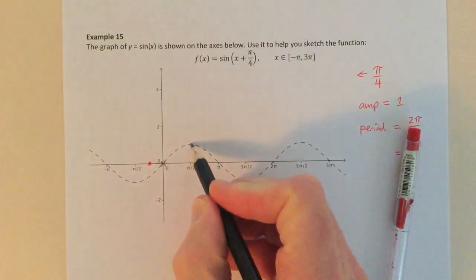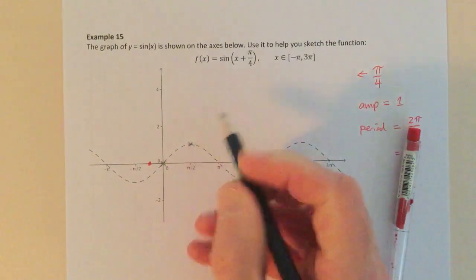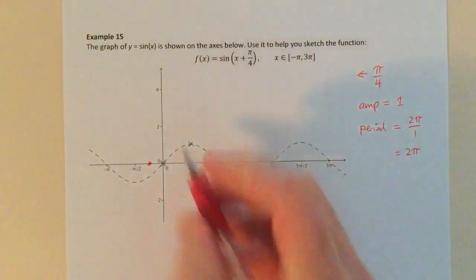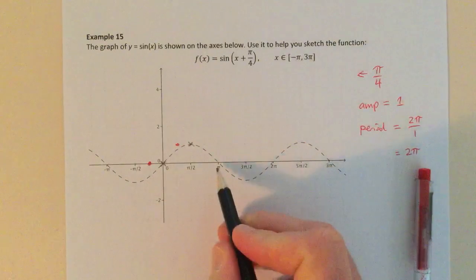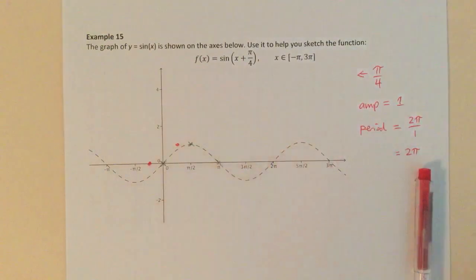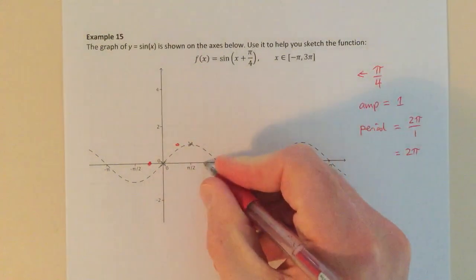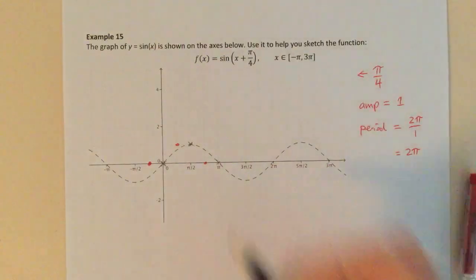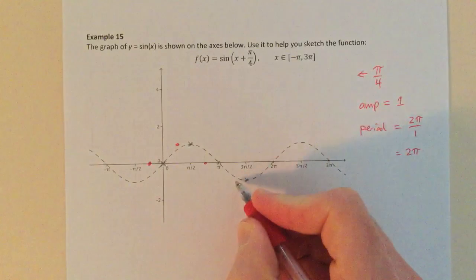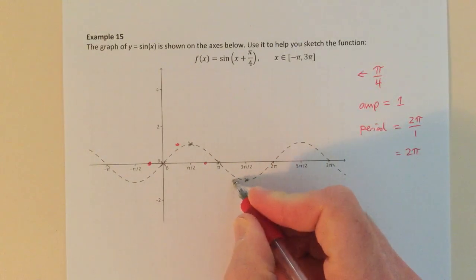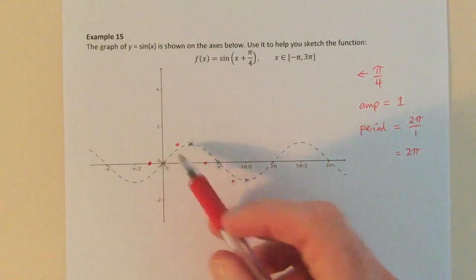We can take the first maximum here, and that just goes pi on 4 units to the left. This x-intercept at pi is going to move pi on 4 units to the left, and so on and so on. You can see how this works, right? So if we take each of our key points, and again, we're kind of using this idea of splitting the curve up into quarters.